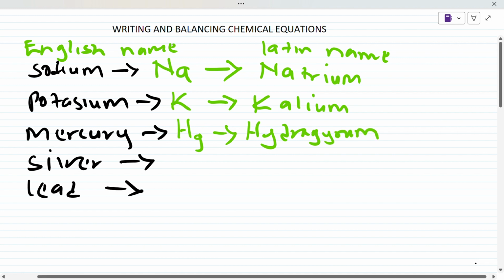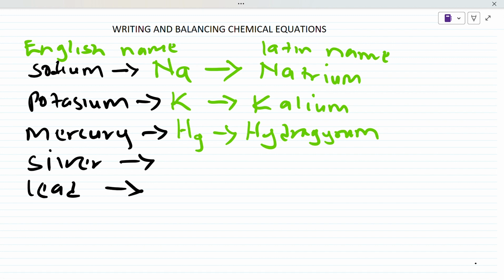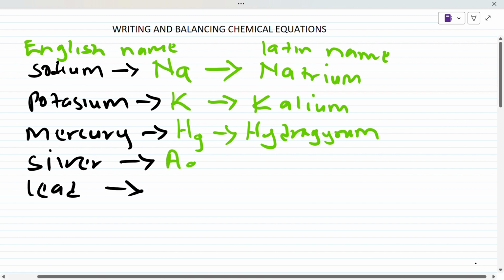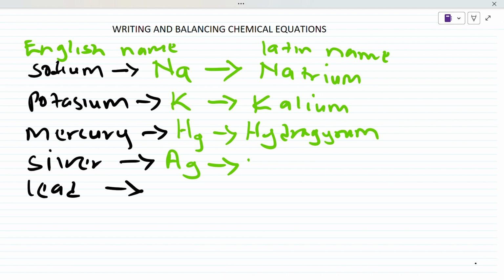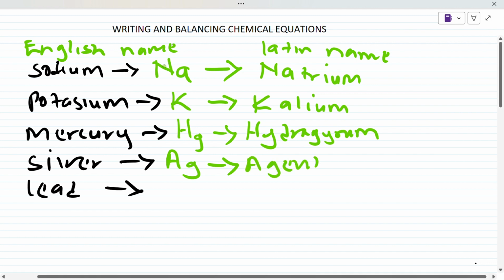Silver is Ag, and the symbol was derived from the Latin name of silver, which is argentum.